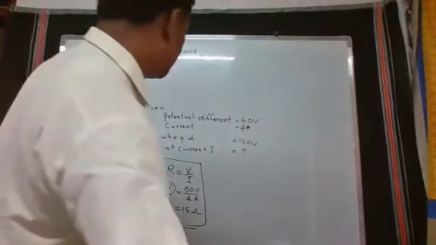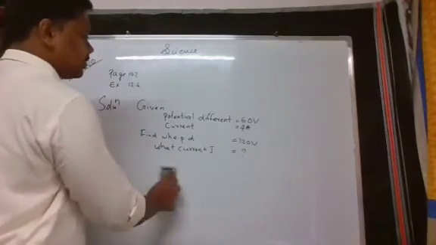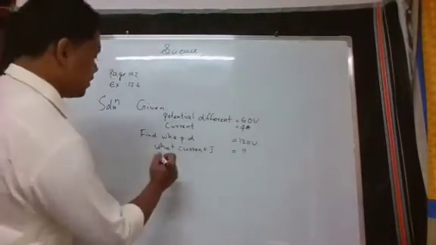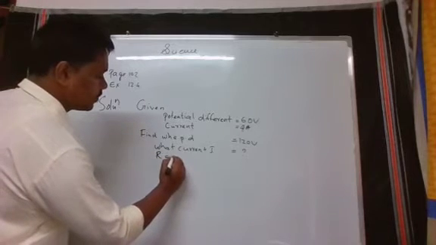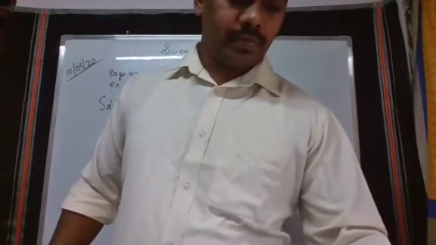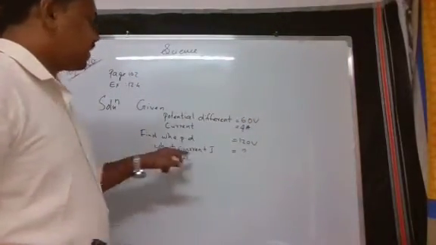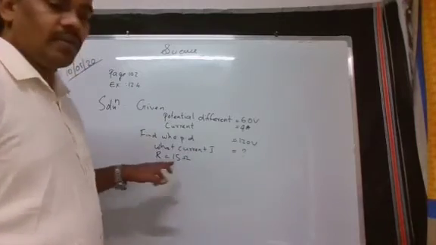So next we want to find what? We just wrote R is equal to 15 ohm. So next, we want to find, when potential difference 120 is there, what is the current I? Then how will we find current?